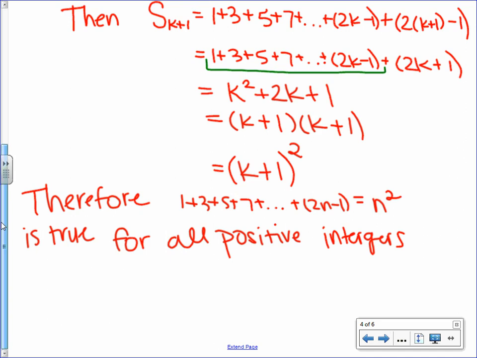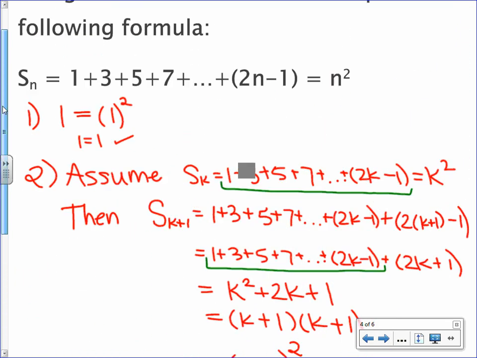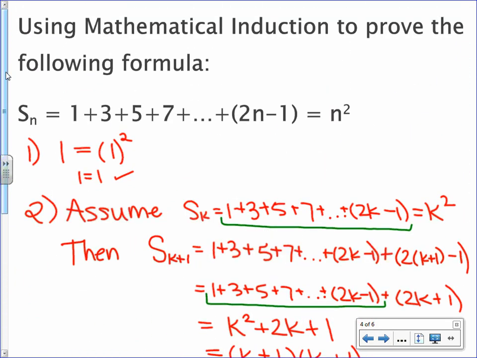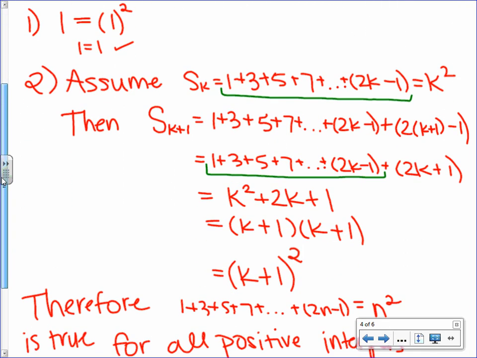Okay. So let's just recap here. We showed 1 to be true. Our first term equals whatever we get when we plug 1 in over here. We assumed our sum of the k terms is k squared. So then we looked at the sum of the first k plus 1 terms.